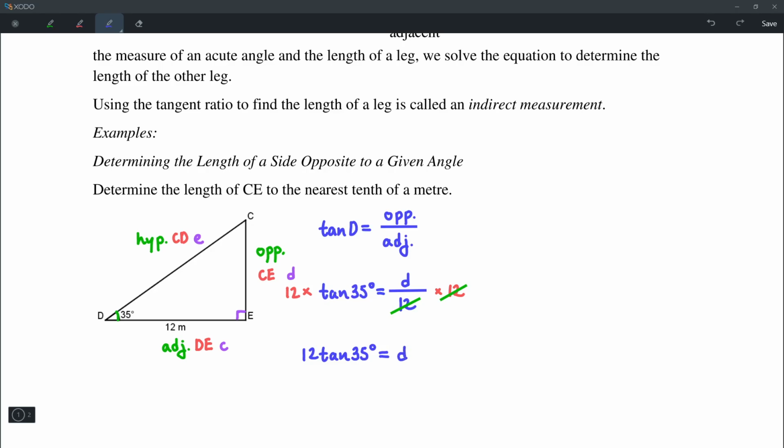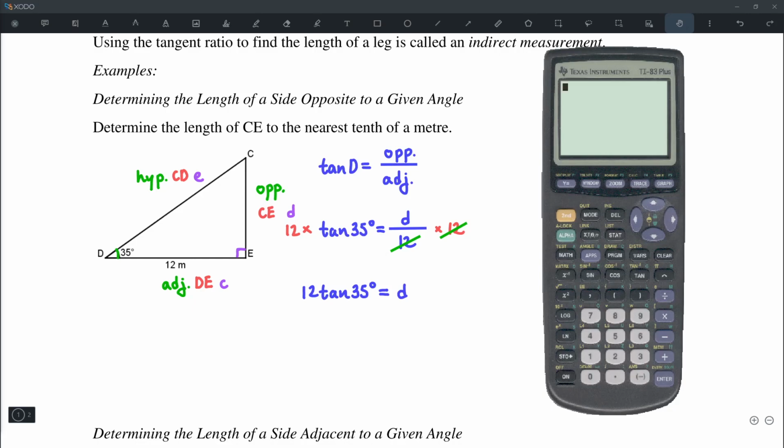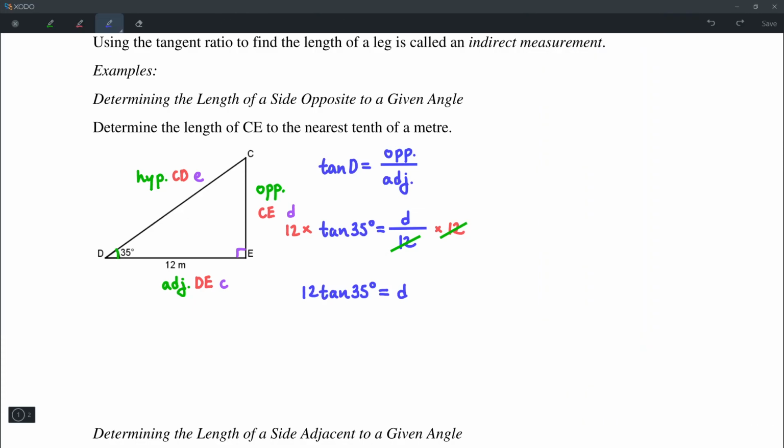And of course, 12 tangent 35 degrees can now be evaluated using a calculator. And 12 tangent 35 degrees gives us approximately 8.4 meters. Okay, so that's the first example.